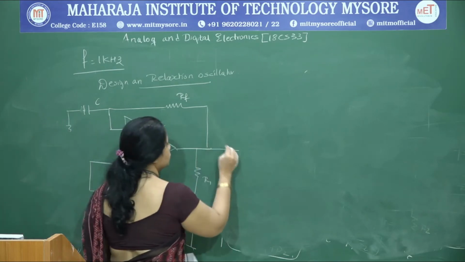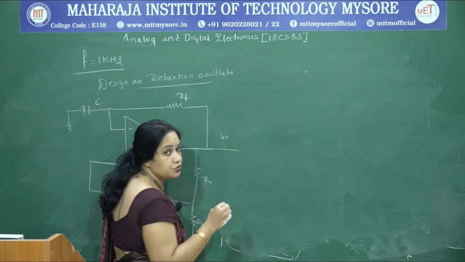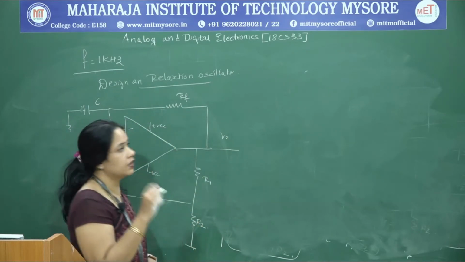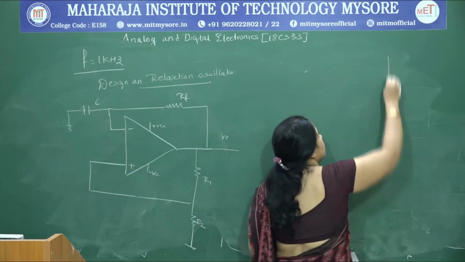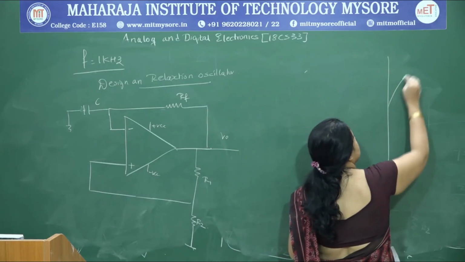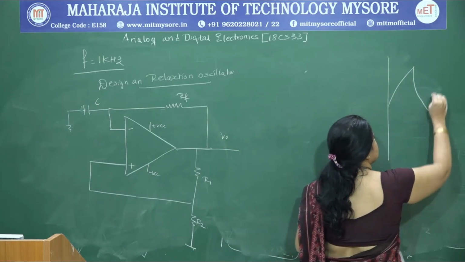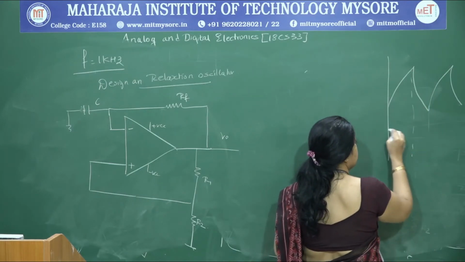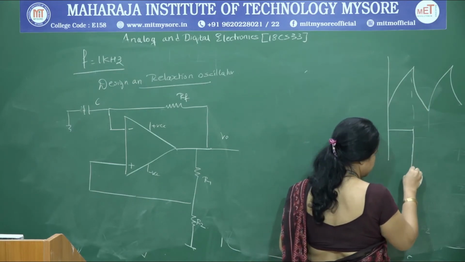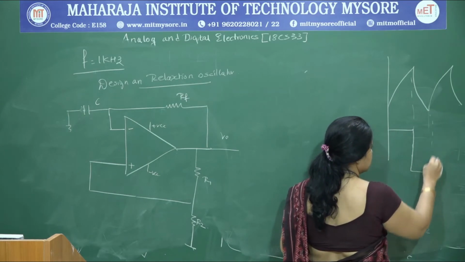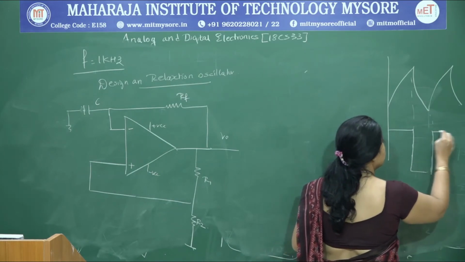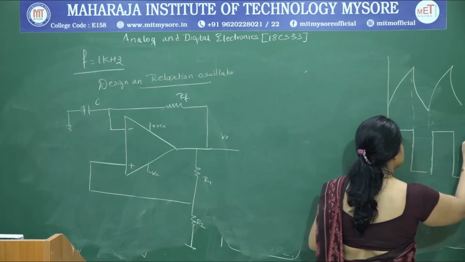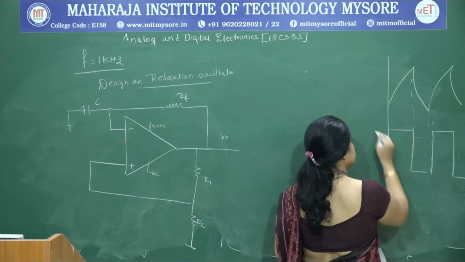Our intention is to arrive at an output voltage which has a frequency of 1 kilohertz. You are aware the capacitor gets charged and discharged, and during the time the capacitor is getting charged, the output is at positive saturation. During the time it gets discharged, it is at negative saturation, producing the free running oscillations at the output.